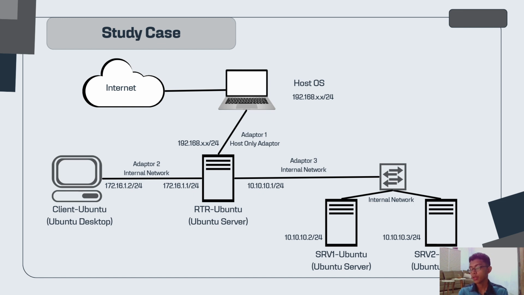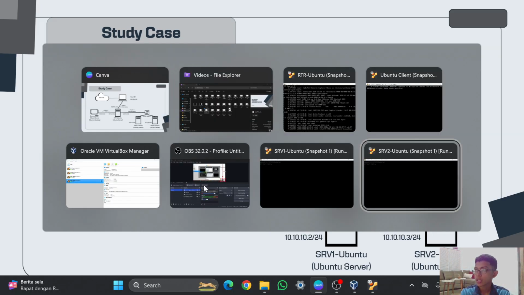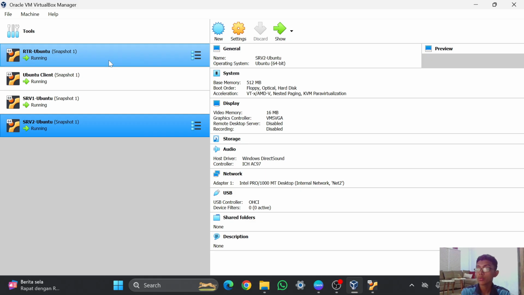For example, if I want to remote my router Debian from my OS, the VM for the router Ubuntu has to be able to ping my OS first. SSH has two parts: the client, which is the subject, and the server, which is the object.